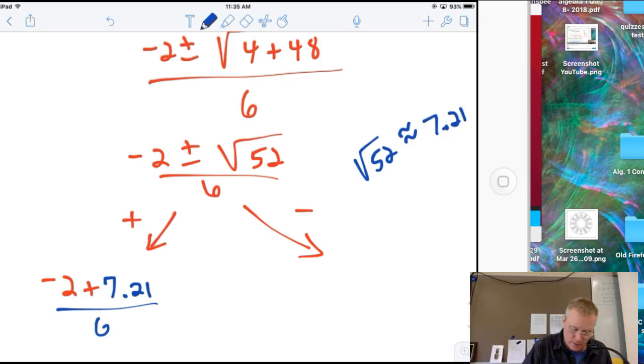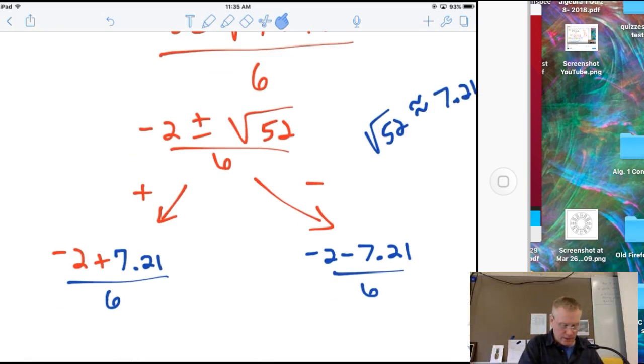7.21 divided by 6. Over here I've got negative 2 minus 7.21 divided by 6. Definitely need a calculator here. If I take 7.21 and I subtract or add negative 2 to it and then divide by 6, I get my first answer of 0.87 if I round off.